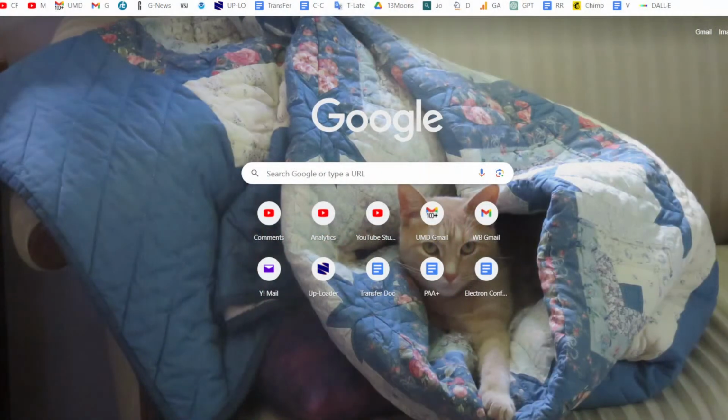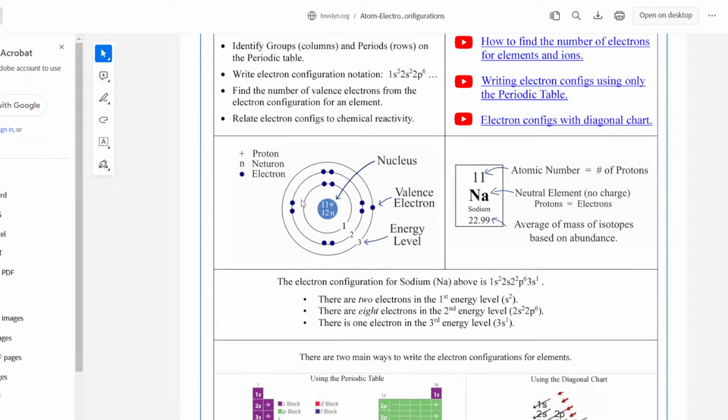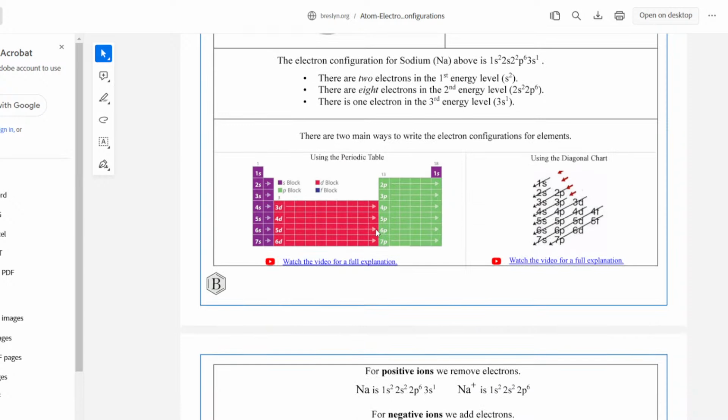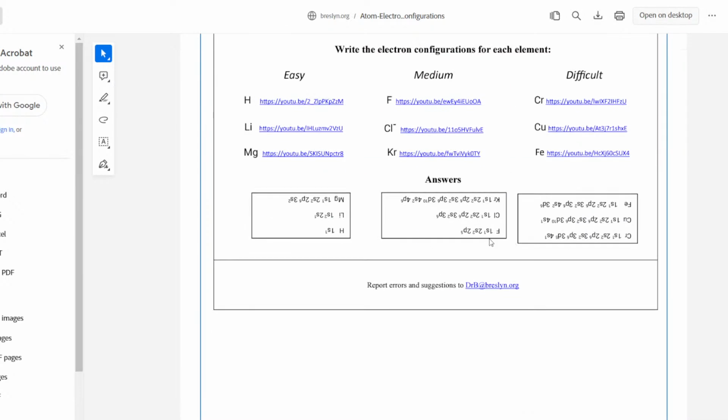If you see anything wrong with it, let me know and I'll fix it. But it's really kind of useful in that. Let's go back to my screen here. It has the information that you need, but it has links to all my videos. It explains how to do configurations. It has this diagram and this one, and then lots of practice, and all the practice goes to my videos. It has the answers in it as well. So really useful. Hopefully that's something that will help you succeed in chemistry.